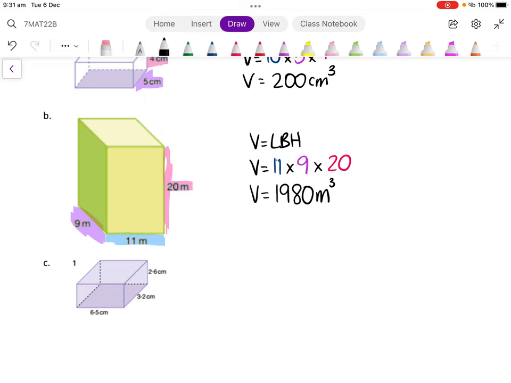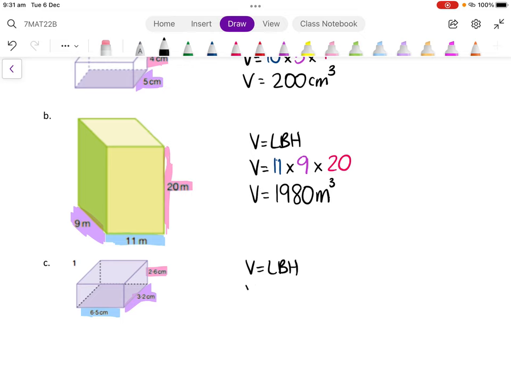Alrighty, so you should have, again, written out your formula, V equals LBH. Okay, we have our length going across the front here of 6.5. We have our base value going back here of 3.2, and we have our height going up here of 2.6.